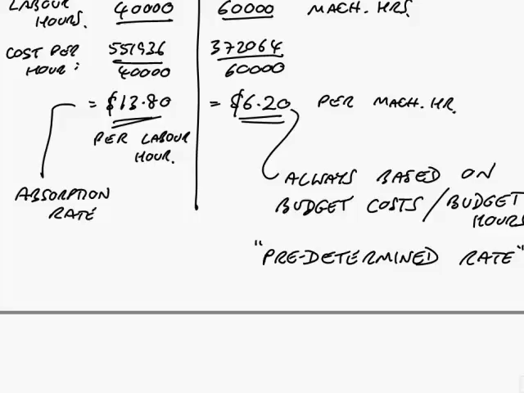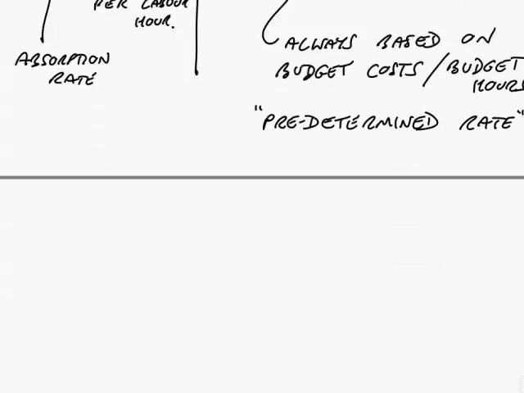So we'll worry about what actually happened later. We budgeted on overheads of 200,000. We budgeted on 50,000 labour hours. And therefore, the absorption rate, the charging rate, is $4 per labour hour.